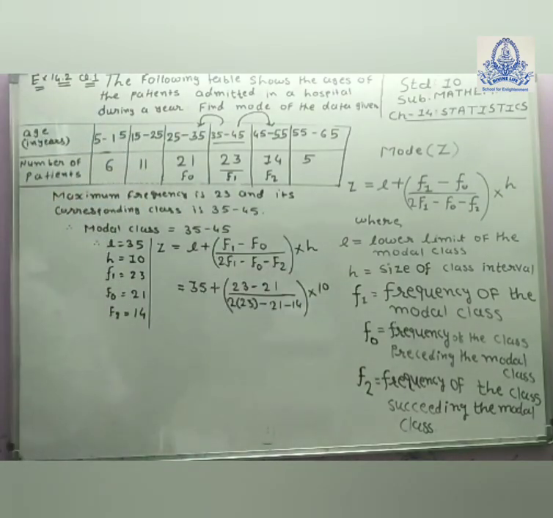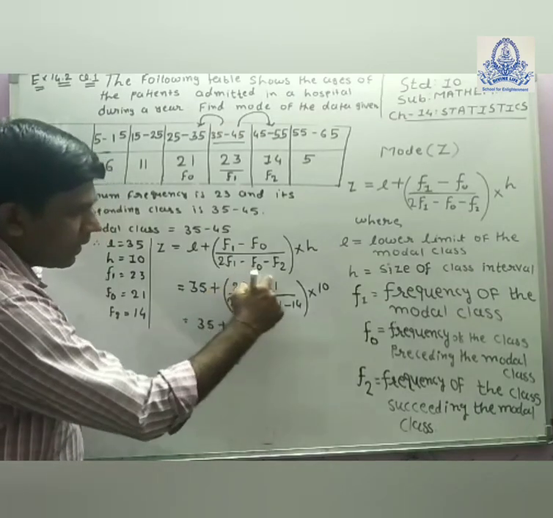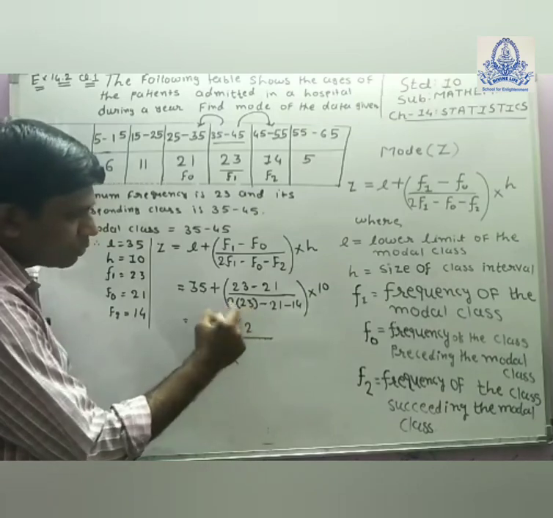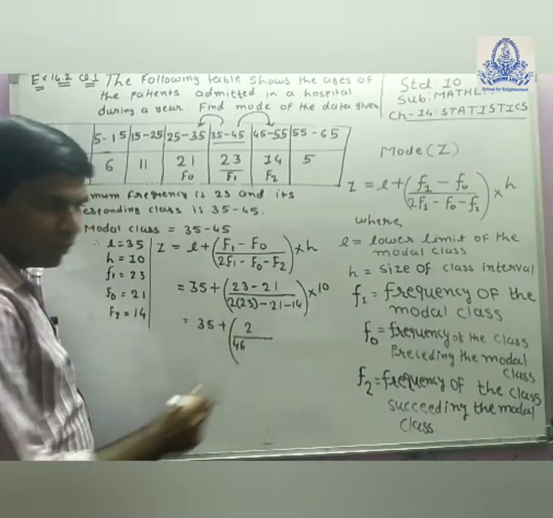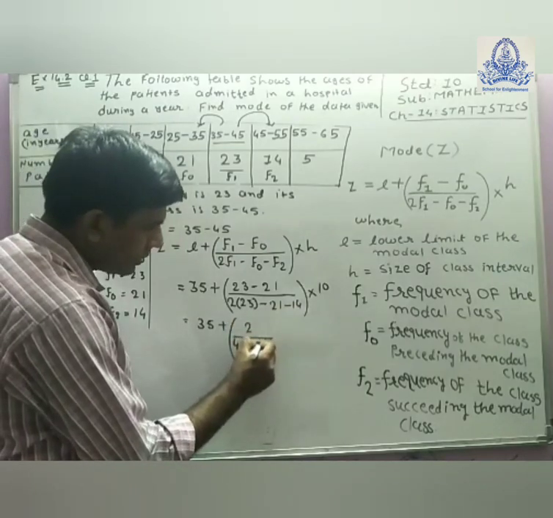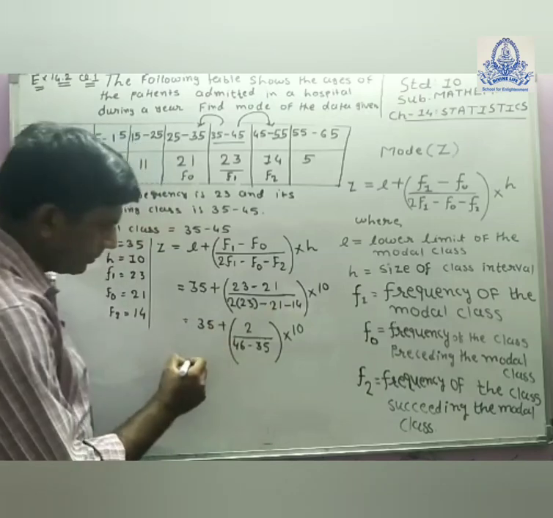10. Now 35 as it is, 23 minus 21, answer is 2, divided by 23 2s are 46. Now this 21 and 14 both are minus, so the total is minus 35, multiplied by 10.